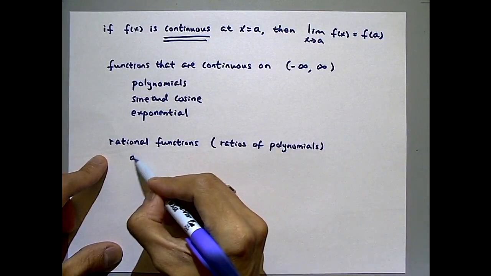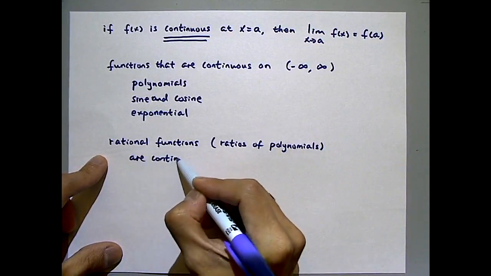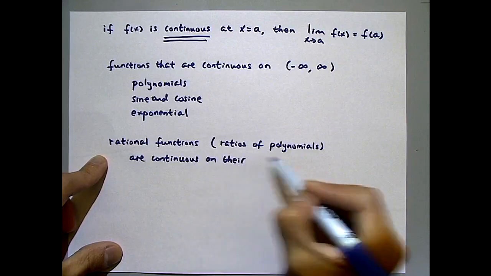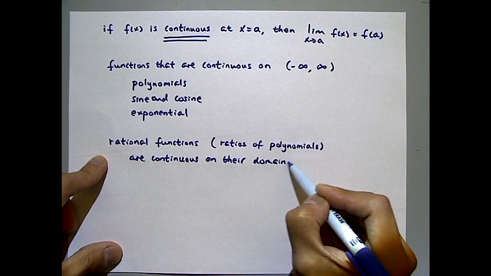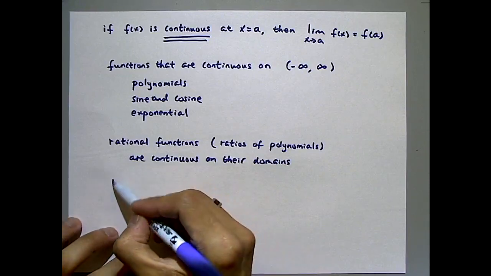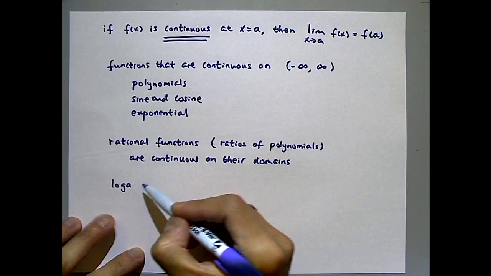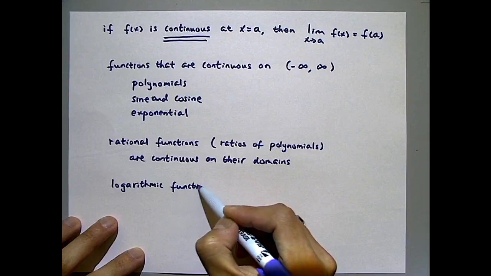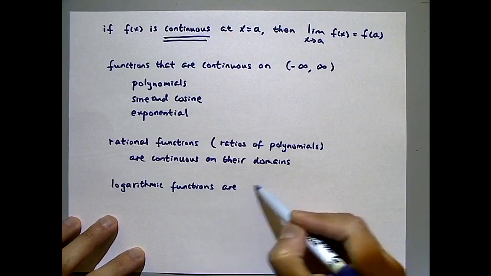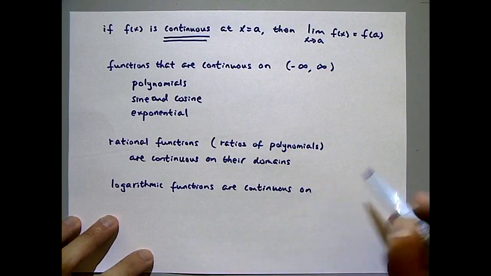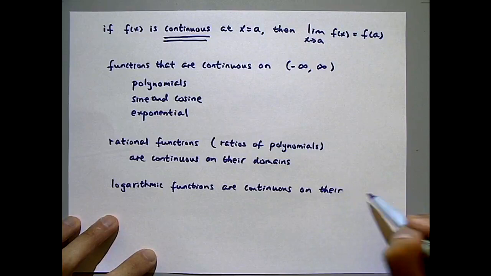And rational functions are continuous on their domains. Whenever they're defined, they are continuous. And logarithmic functions are also the same thing. They're continuous on their domains.